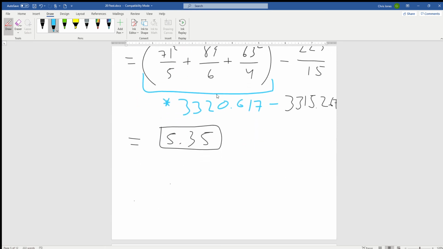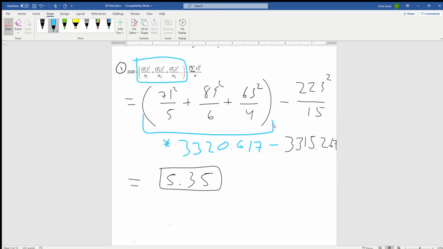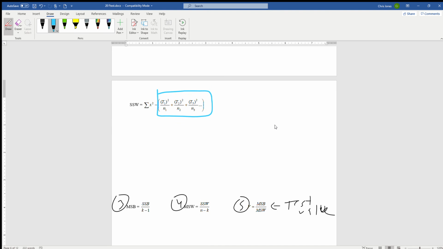So we're just going to recycle that number, which is why we did those two separately. Now, unfortunately, the difficult part is this sum of x squared.